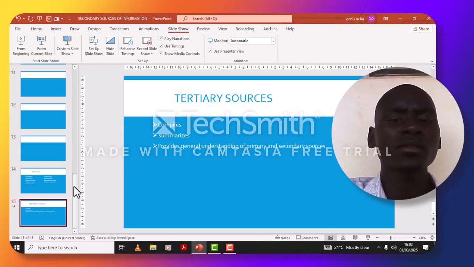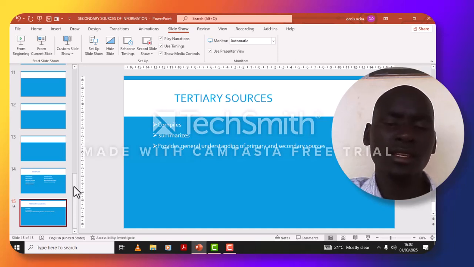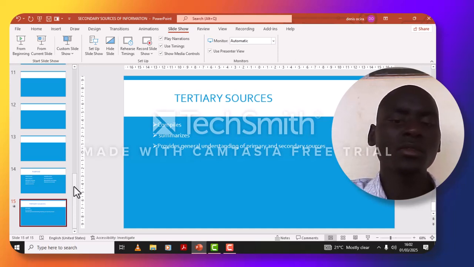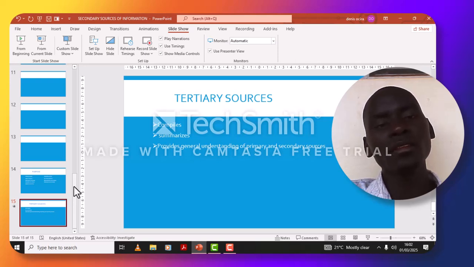Both types of sources are indispensable for a robust and nuanced understanding of any research topic. Use them to build the required information about your topic.